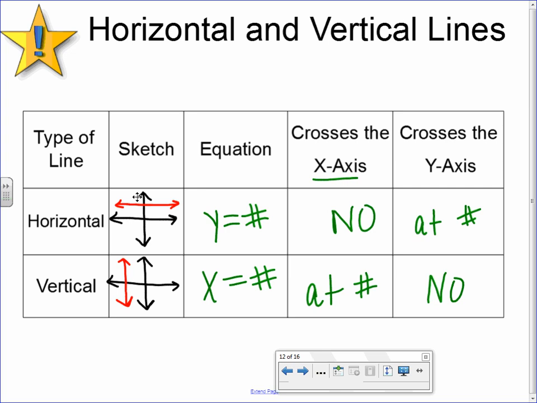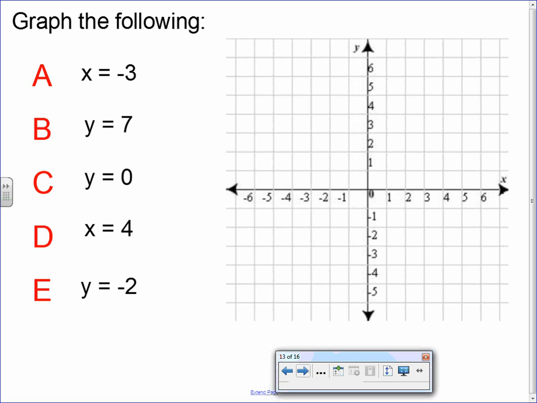We'll do the first couple together, and I'll show you two different ways that you can graph these. We'll do line A and B together.